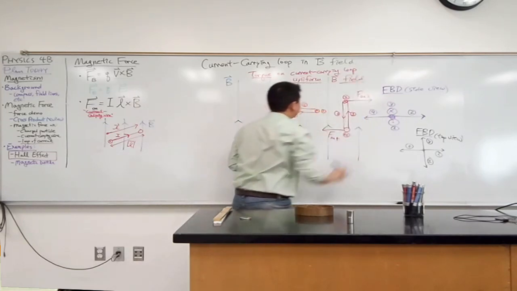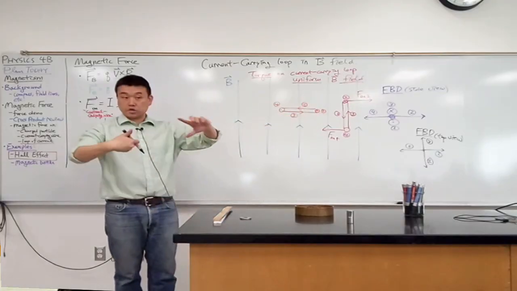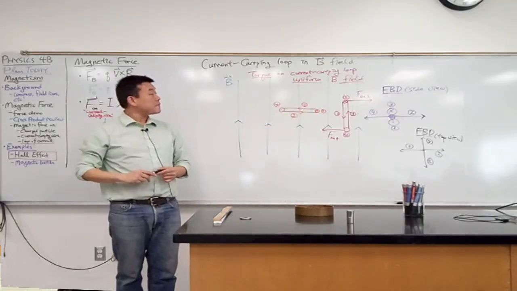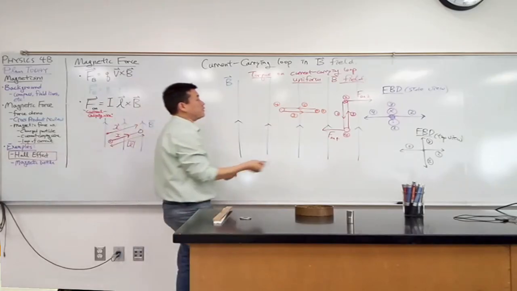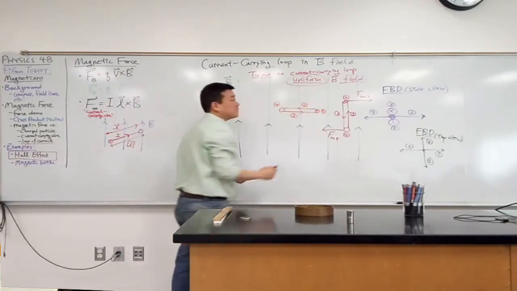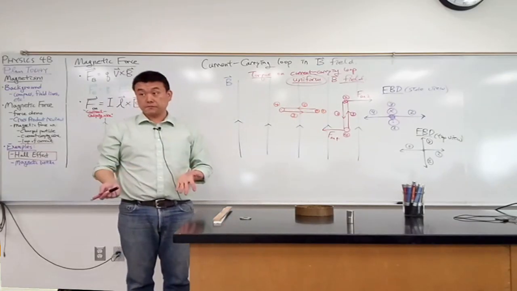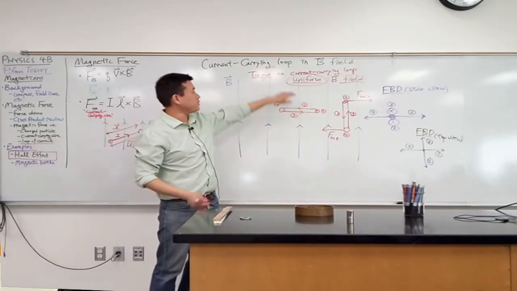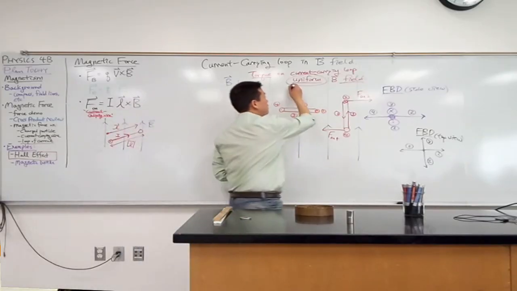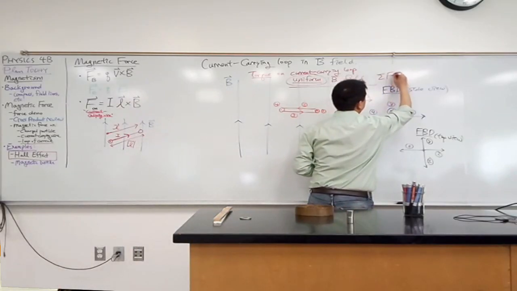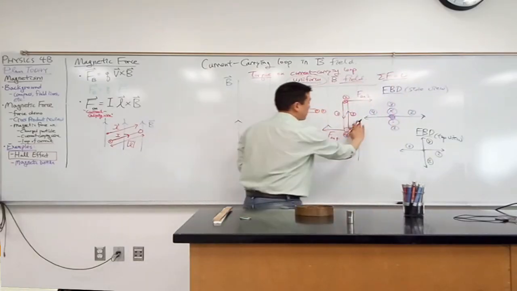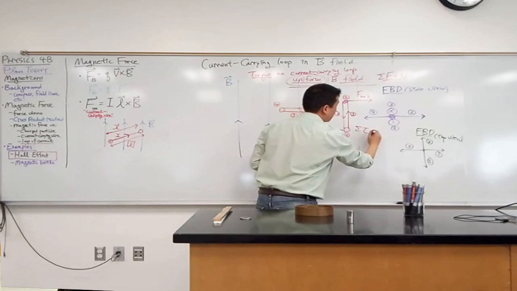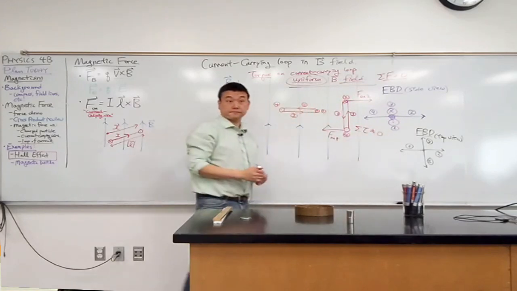And even though we did this for a square shape, it turns out that if it's a loop of any kind, as long as you are dealing with a uniform magnetic field, net force will always be 0. But depending on the orientation, sometimes you will get a situation where net torque is not 0.